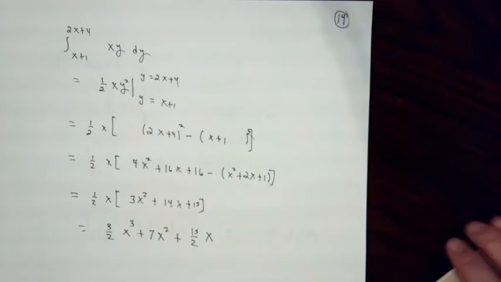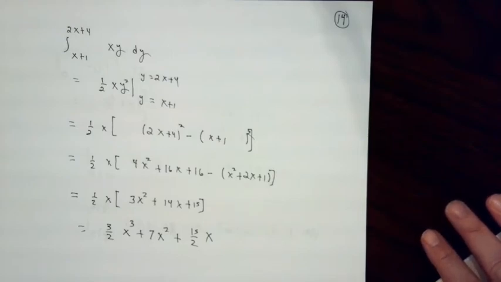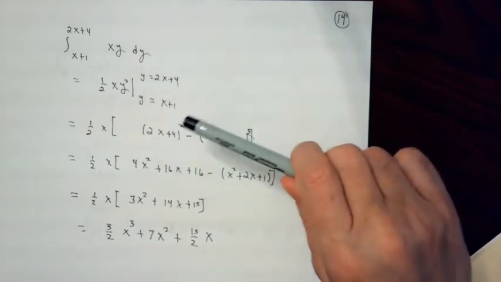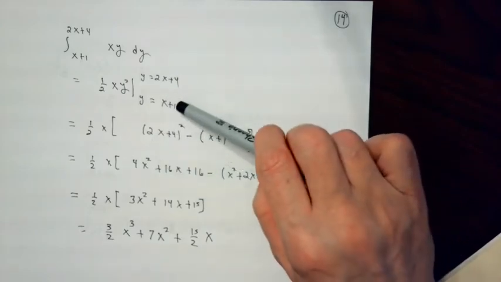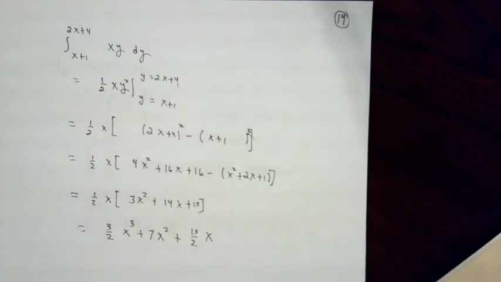If we want to look at the integral from x plus 1 to 2x plus 4 of xy integrated with respect to y, x is being treated like a constant, and the antiderivative for y is 1/2 y squared. To do the antiderivative method, I put y equal x plus 1 and y equal 2x plus 4 into the antiderivative and subtract.